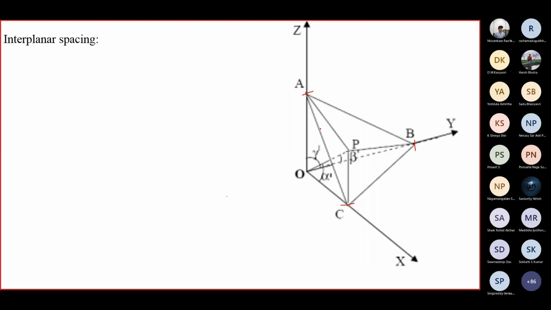No doubts. Very good. Now, just imagine this. From O, I am going to this point OB along the y-axis. Then from O, this is the perpendicular OP. What is the angle between these two?